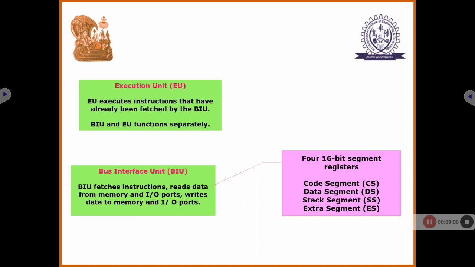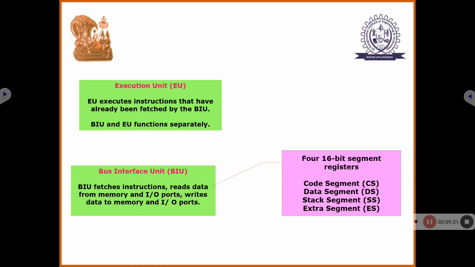Suppose the instruction is move; these are data transfer instructions, loading the data, moving the data. These are just instructions, but in order to execute them, we need the data. We can take the data from memory or IO devices, from the memory, or from the input or output devices.